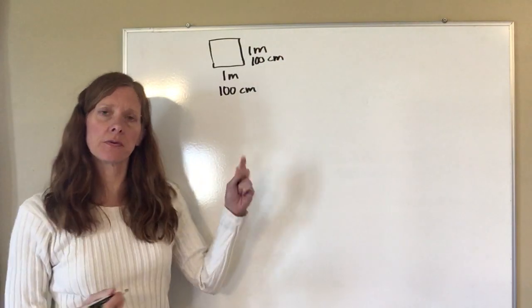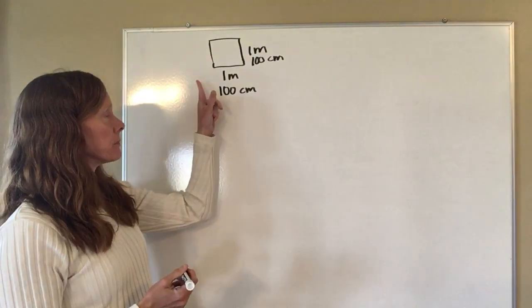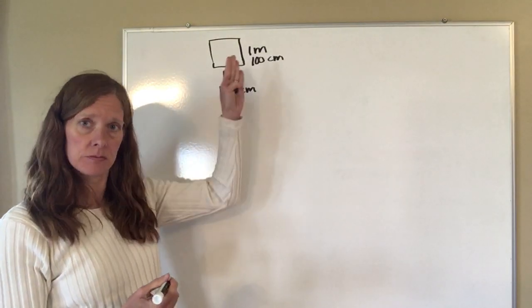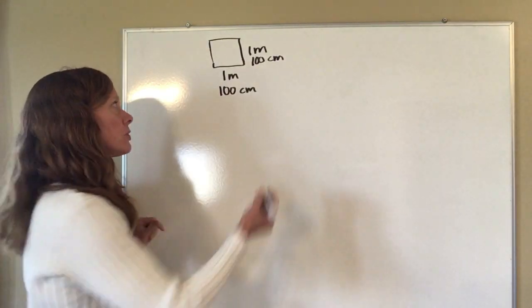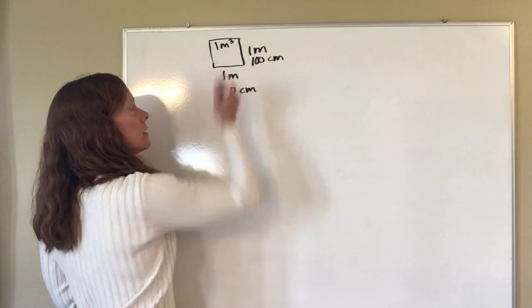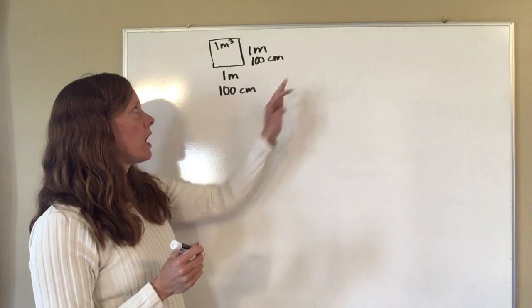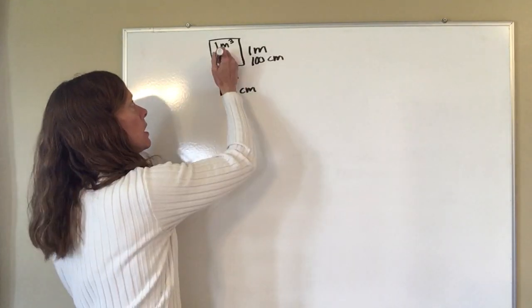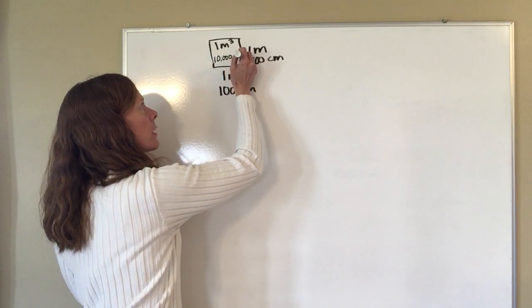Now, if I calculate the area of this box, I'm going to take the length times the width, just like what I would always do for area. If I did it in meters, what I would find is that I would have 1 cubic meter. But if I did it in centimeters, I have 100 times 100, which is going to be 10,000 square centimeters.